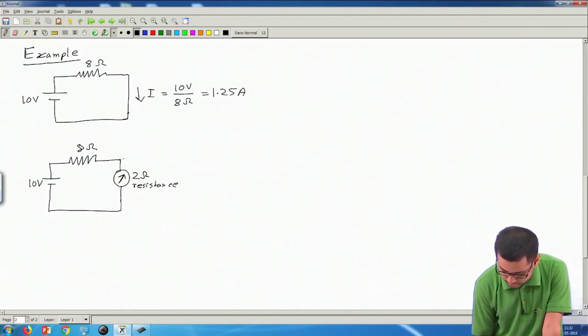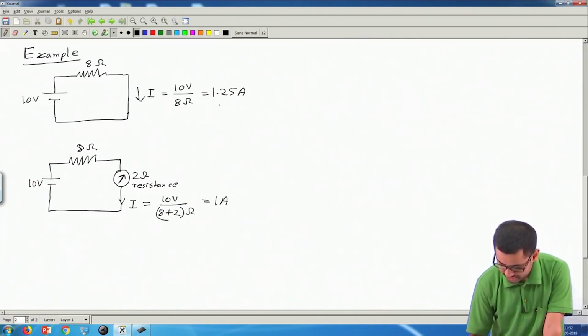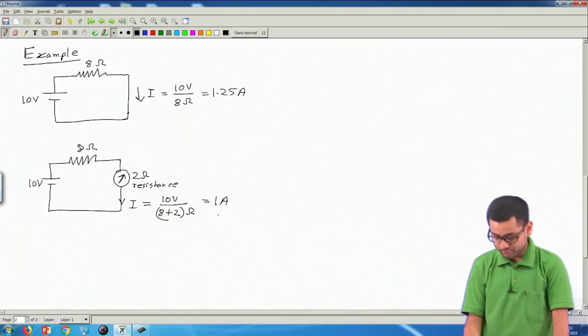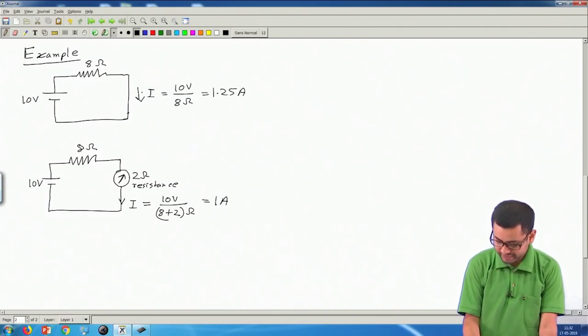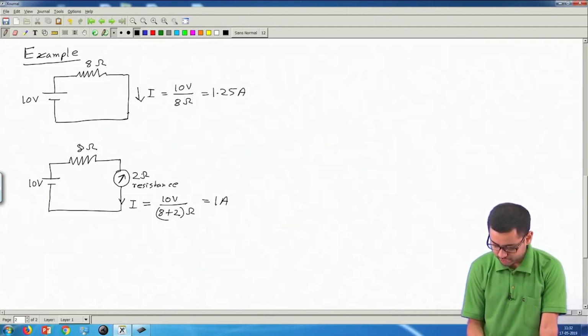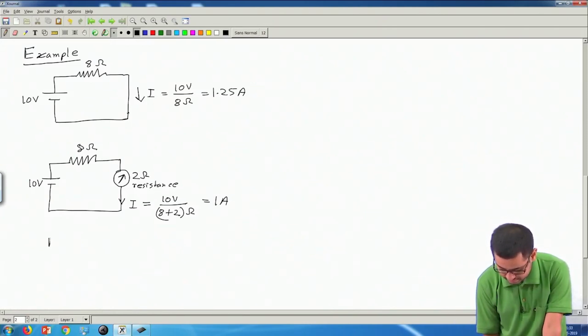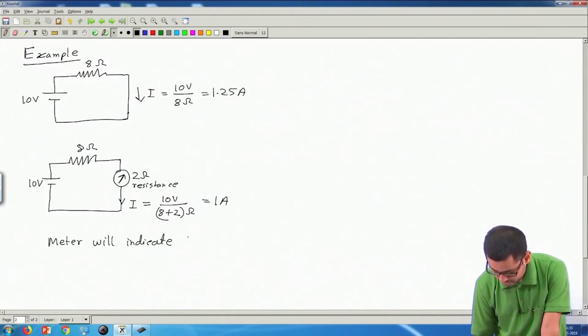Now, the current that will flow in this branch, I, will become 10 volt divided by 8 plus 2 ohm, which is 1 ampere, and this 1 ampere is not the same as 1.25 ampere. So, the meter will indicate one ampere.